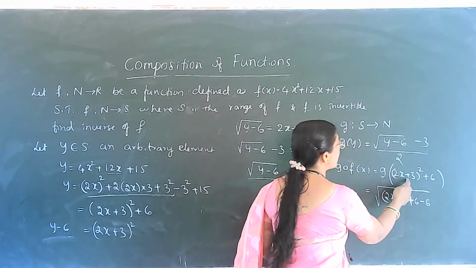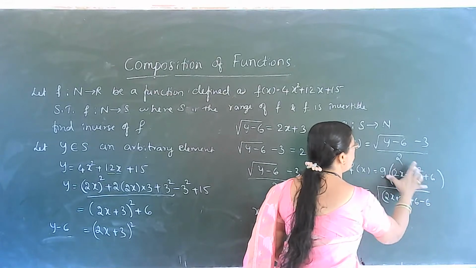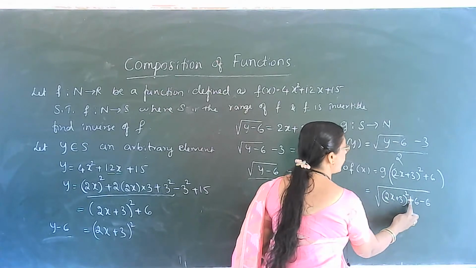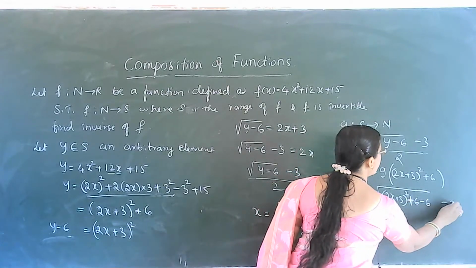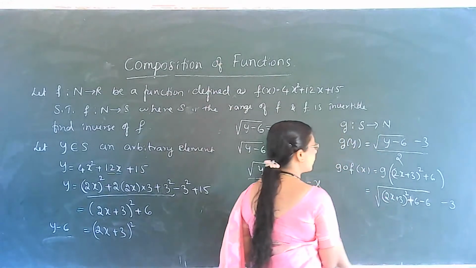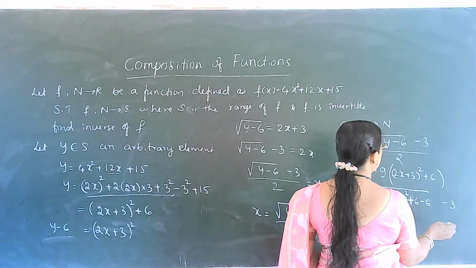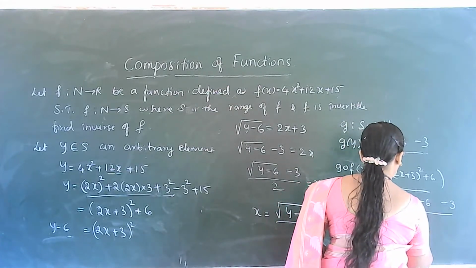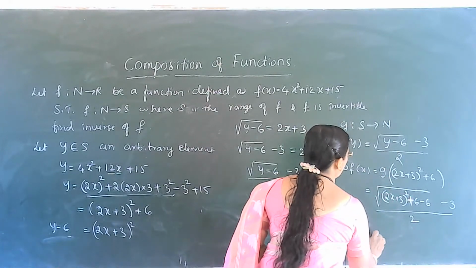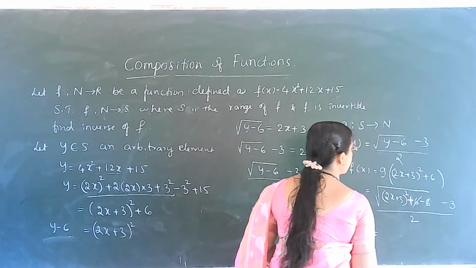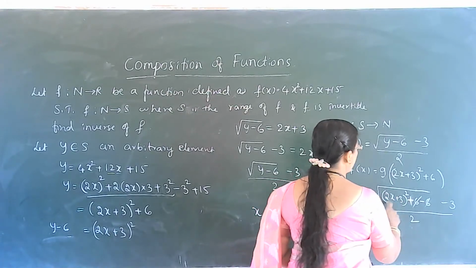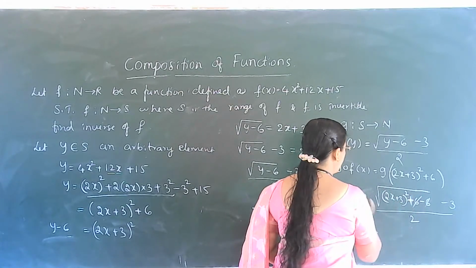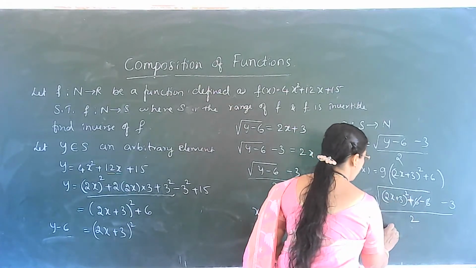Then minus 3, divided by 2. The 6 cancels, and the square root of the perfect square (2x plus 3) gives 2x plus 3.